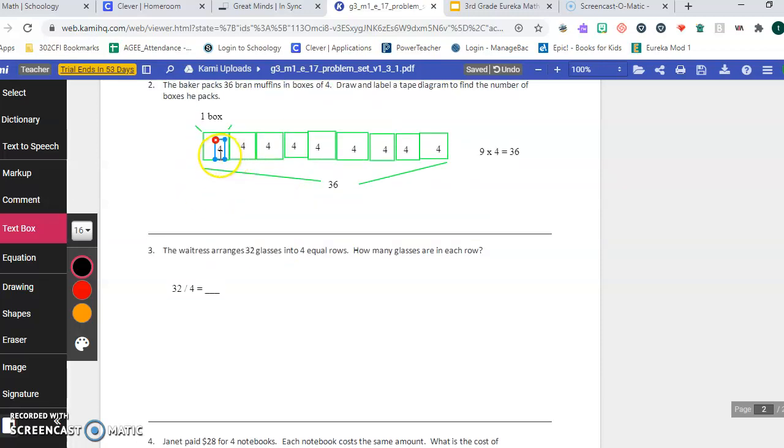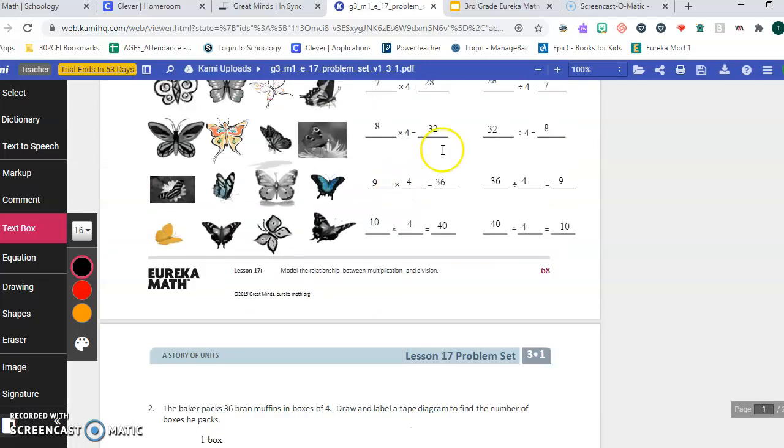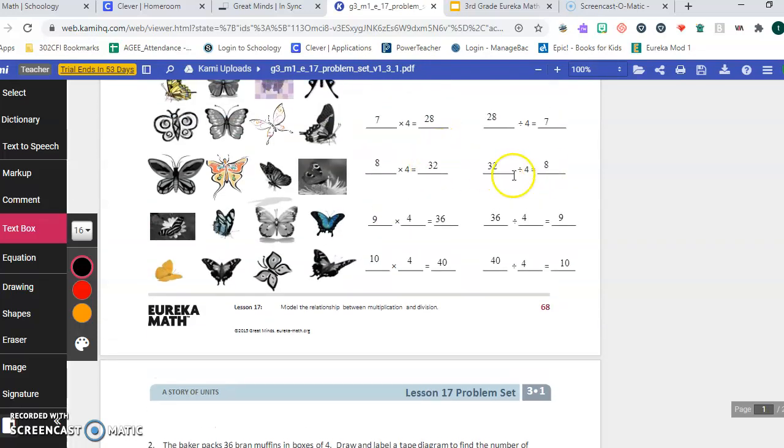I could use this tape diagram I've already drawn and do my count by 4, 8, 12, 16, 20, 24, 28, 32. So I know that all of these boxes together are 9. So if I do all of them except for one, I'm going to end up with 8 boxes here. So I'm thinking that 32 divided by 4 equals 8. So I can go up here and check. Okay, so 32 divided by 4 equals 8.